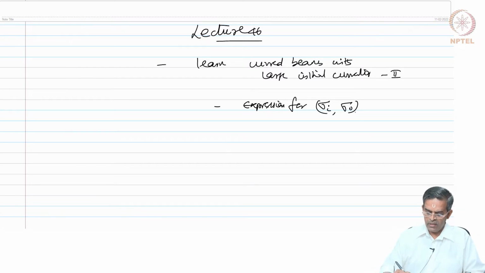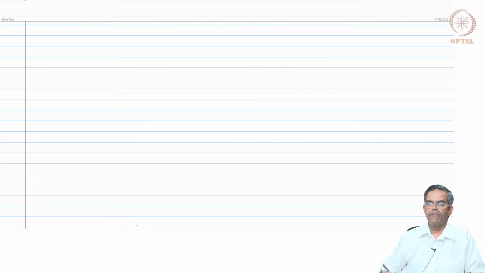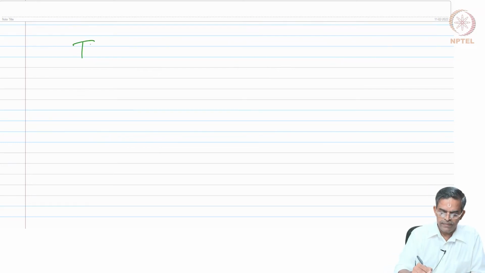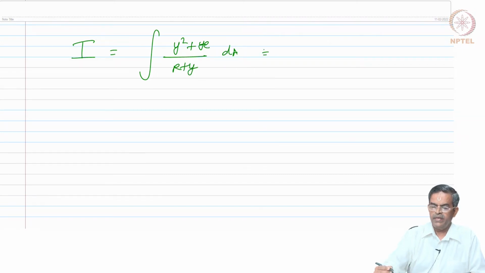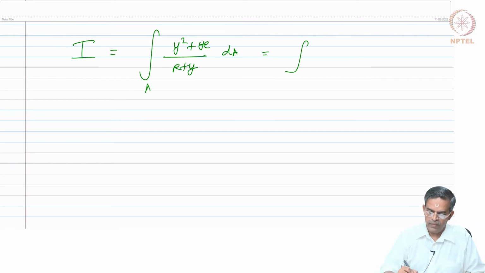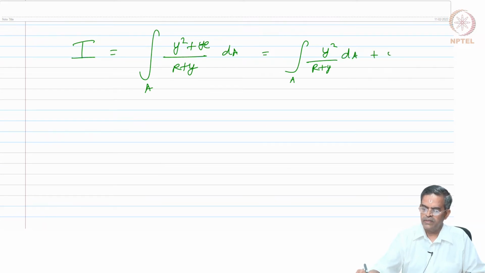In the last lecture we said that the integral I is the integral of y square plus ye by r plus y dA, which we split into the integral of y square by r plus y dA plus e times the integral of y by r plus y dA.